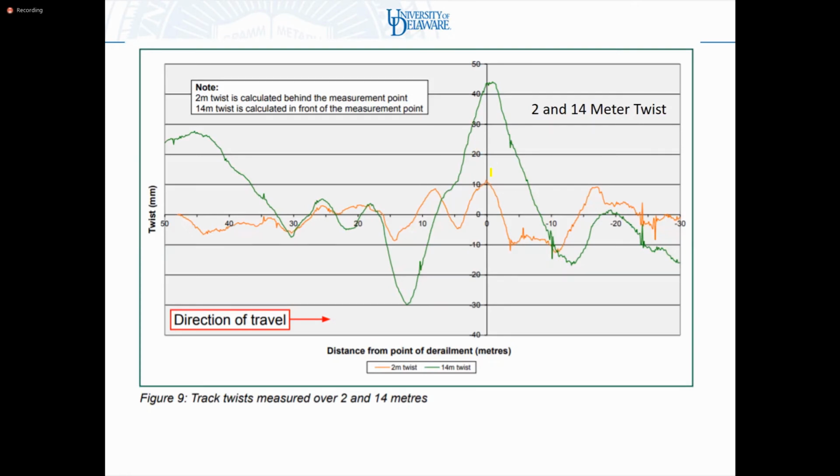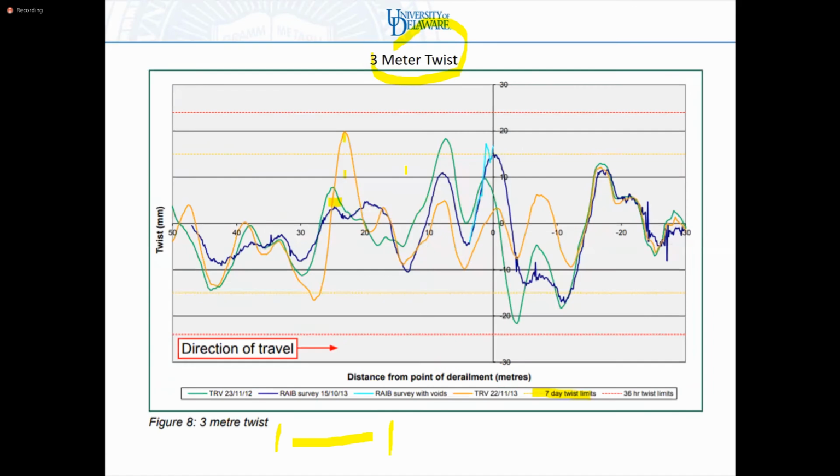Also, what was really interesting here is they also looked at 2-meter, 3-meter, and 14-meter twists. So this distance between the cross-level measurements down here, on this graph, it's 3 meters, but on the next graph, it's 2 and 14 meters.